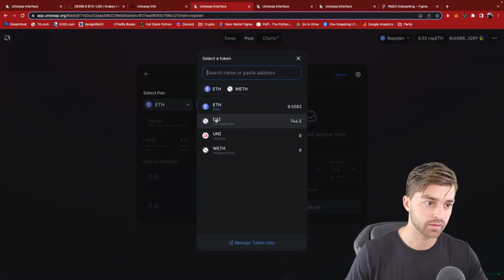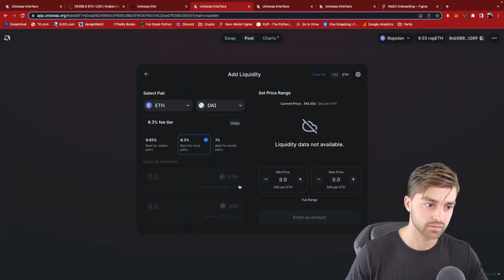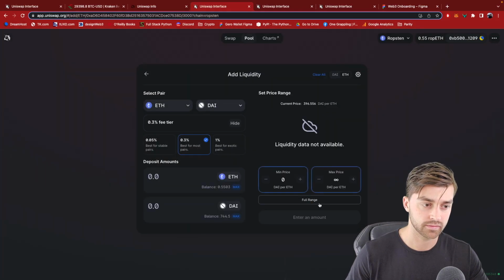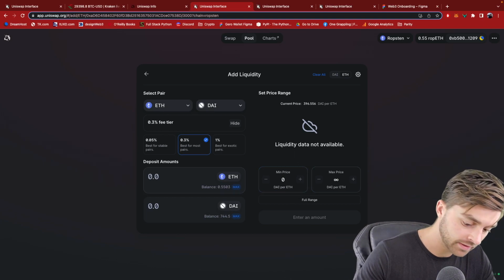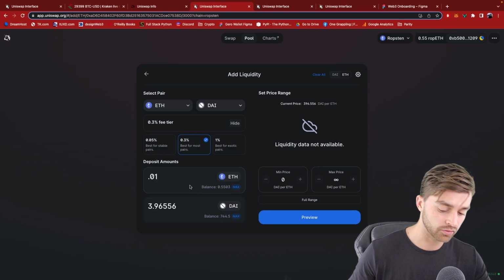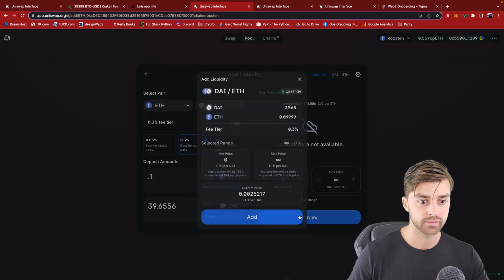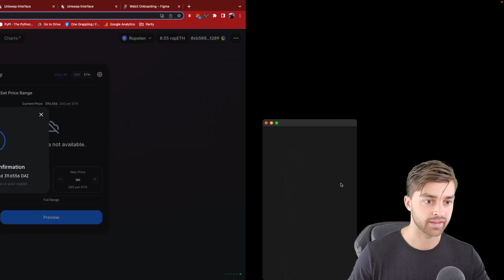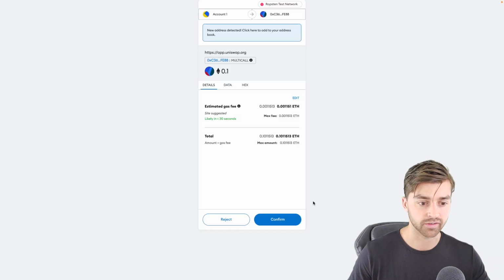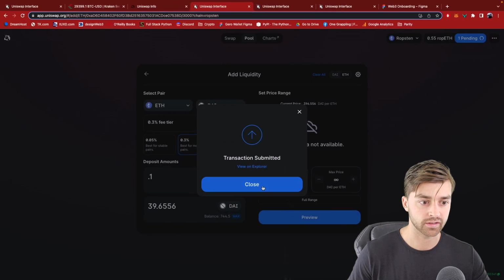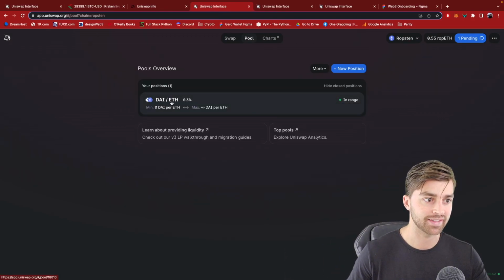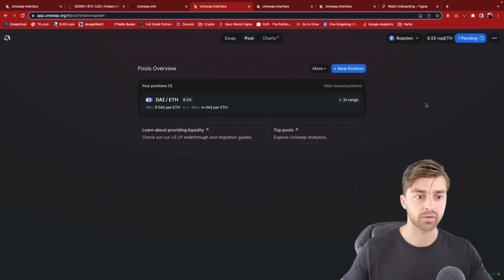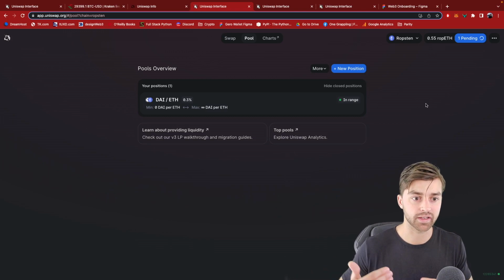So I can go ETH DAI, put the transaction or trading fee that I want, which I'm going to talk about in a second, select how much liquidity I want to add, preview, add that much liquidity, and send a transaction. It's going to take several seconds for it to go through, but now I'm a liquidity provider in the DAI ETH pool. So now I've added liquidity, so that people can come in and either withdraw DAI or withdraw ETH from this pool.